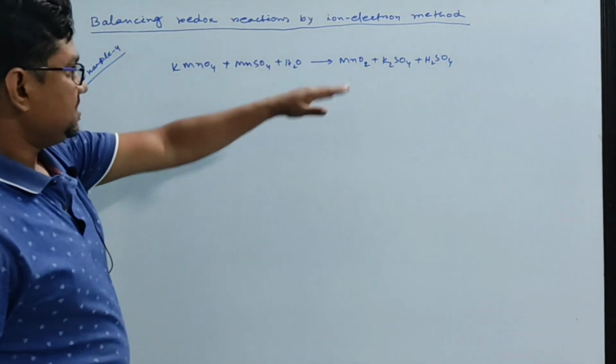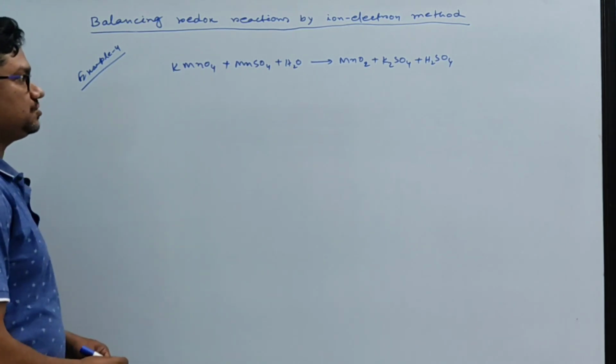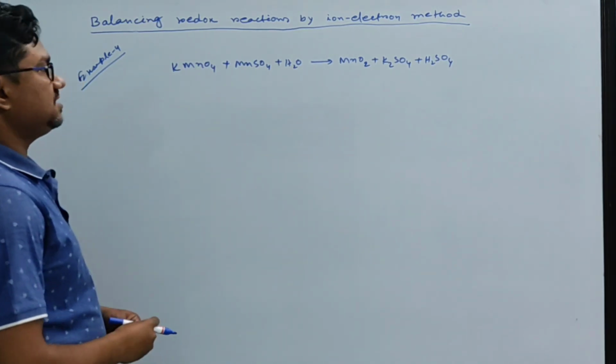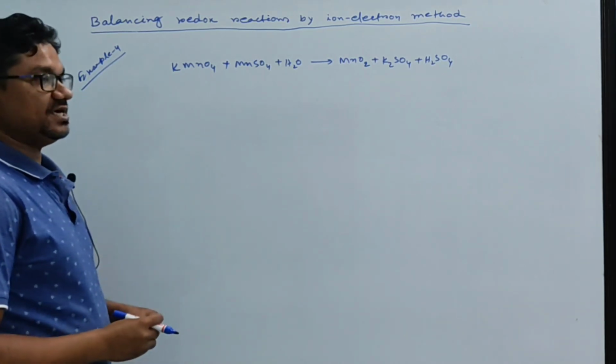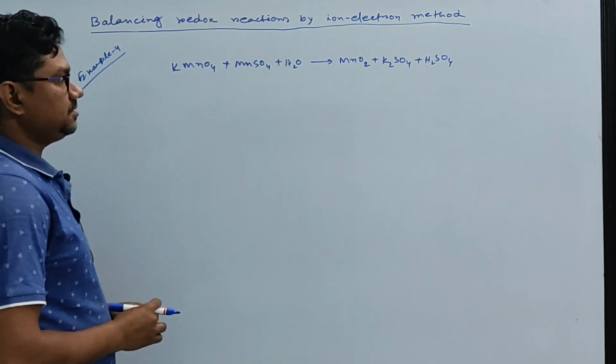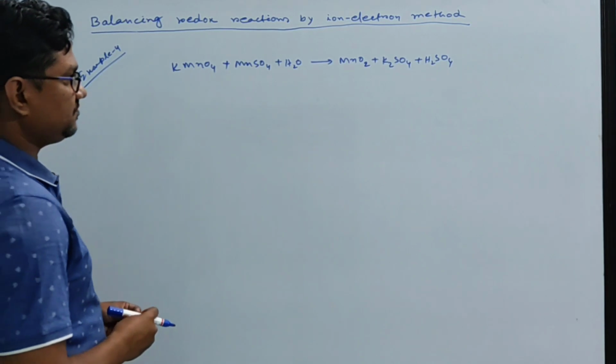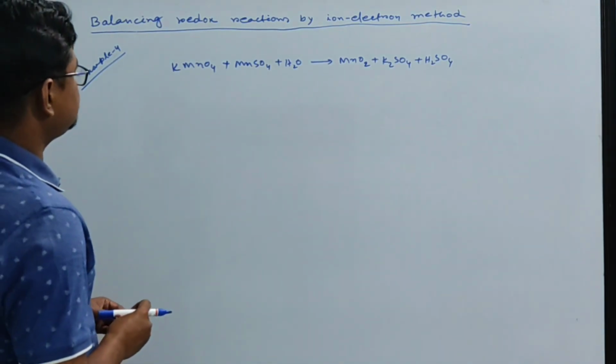So as you can see, H2SO4 is present, so the reaction is in the acidic medium, so we can use H plus and H2O only, not any OH minus ions for balancing the half reactions.